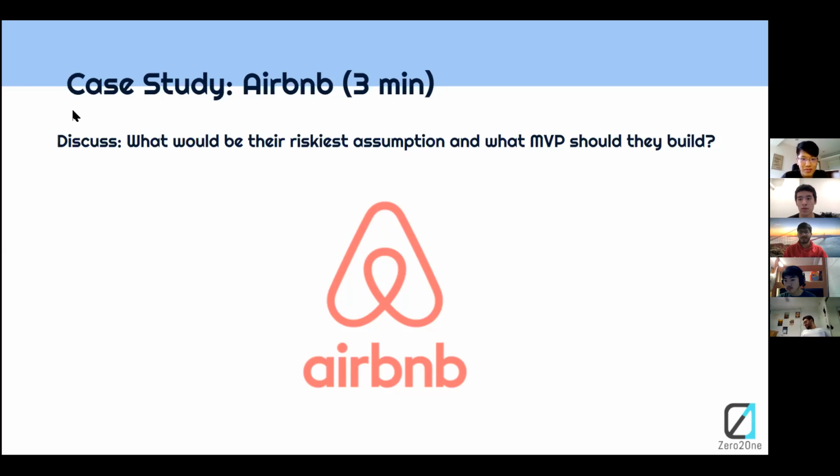So we had the same assumptions as Davi, but then we also had another one, which was will Airbnb outperform hotels? For the MVP, we said we would have Airbnbs near popular spots, like at beaches.